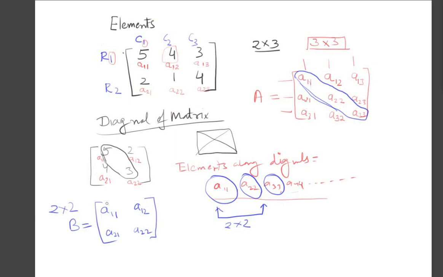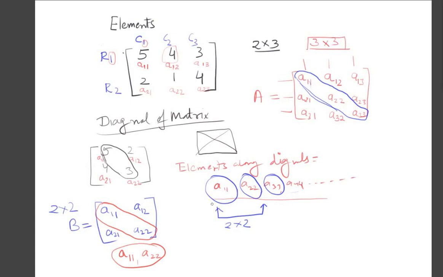And you see my diagonal here, that's my diagonal. So here I've got, in my diagonal, A11 and A22 only. Yes? Got my point?